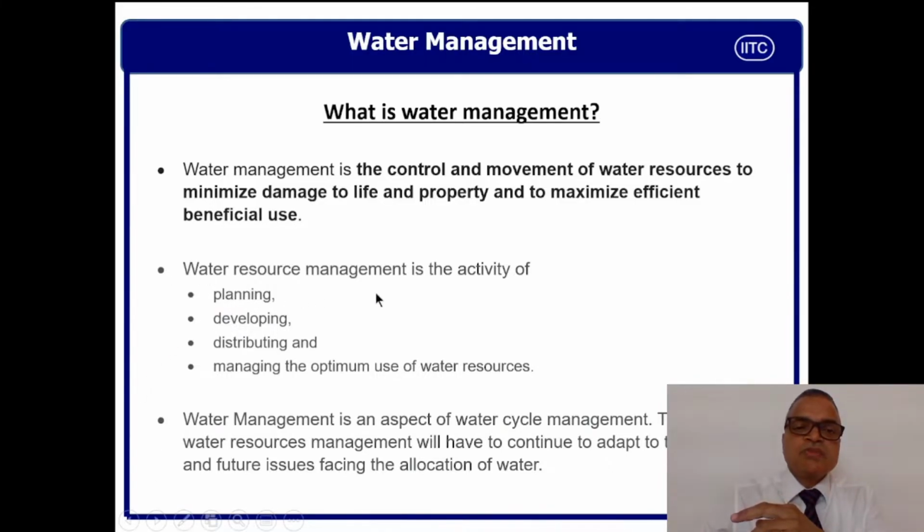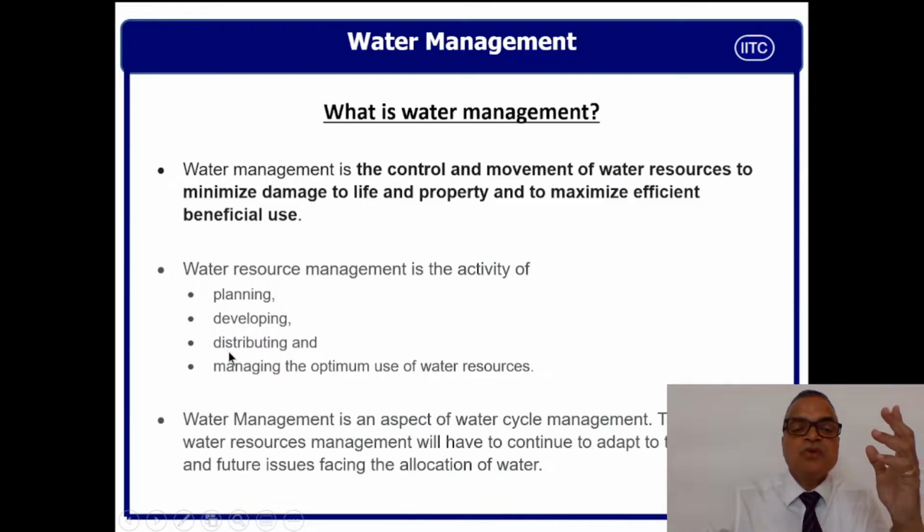Guys, water resource management has different activities like planning, developing, distribution, and then managing the optimum use of water resources. So there will be a detailed discussion of what we mean by planning in water management, and then we need to develop the strategy for how we can do water management.